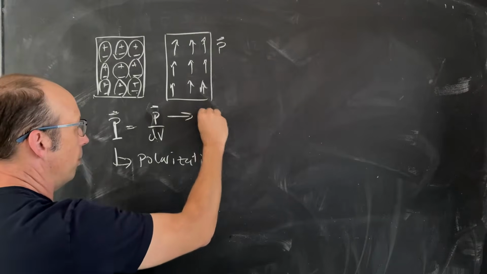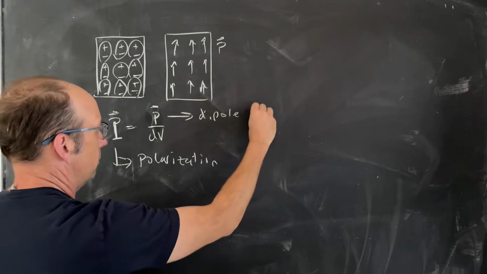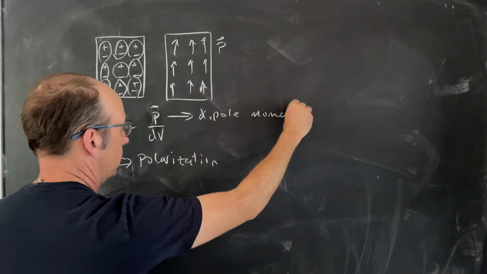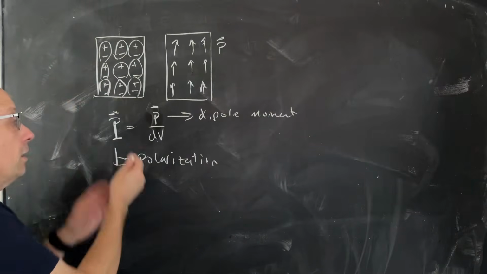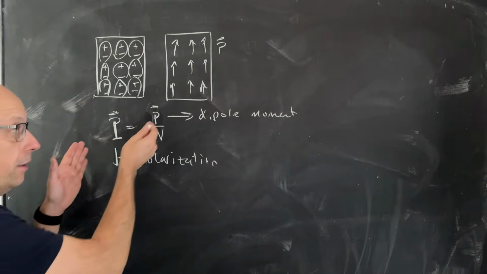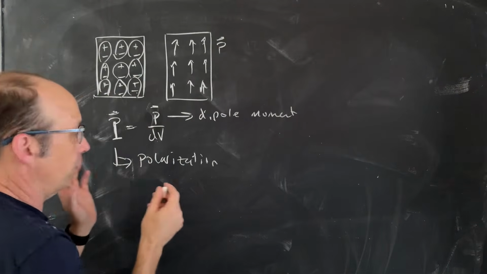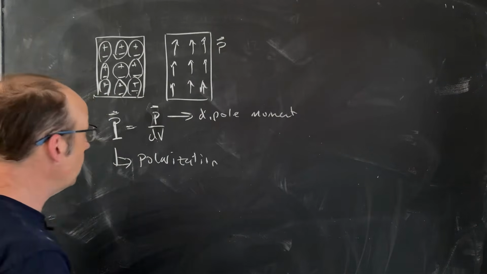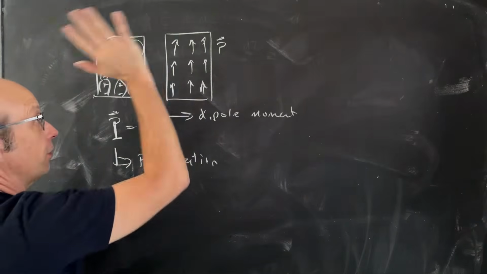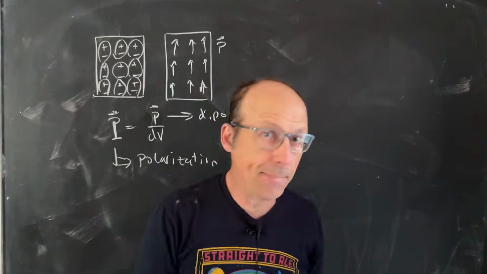And that's the dipole moment. So this is a bulk property, and the lowercase p is a property of the individual pieces, whether they're molecules or atoms or whatever. Now, if I have a material that's polarized, maybe it's just built that way.